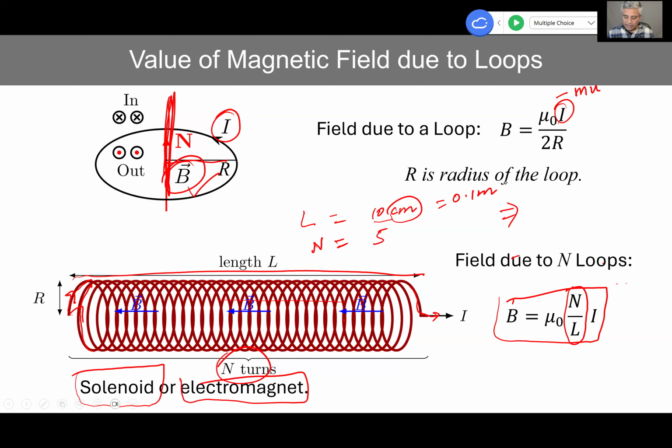If we divide N by this length L, that's the number density. If there are only 5 in 10 centimeters, then how many of them are going to be in a meter?